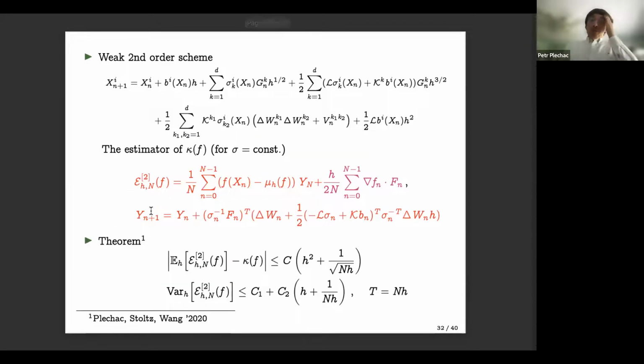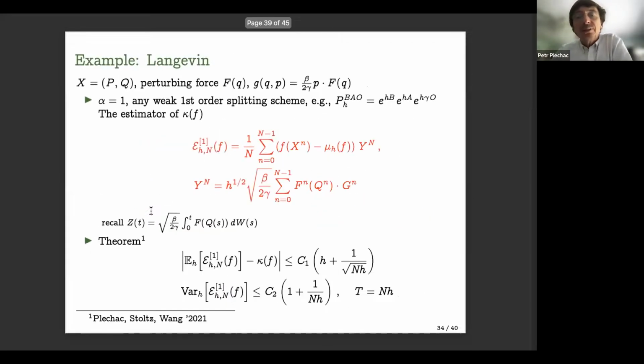So why do we care? Well, you may say this is not so important. So that brings us to this example of the Langevin equation. The sampling in the case of molecular dynamics or molecular systems at thermal equilibrium.